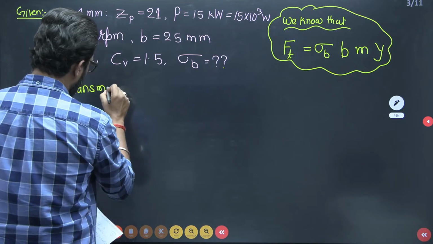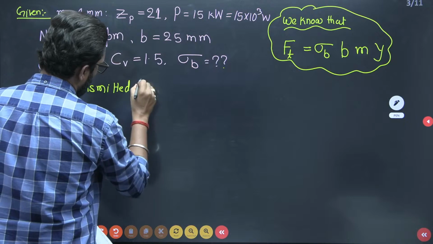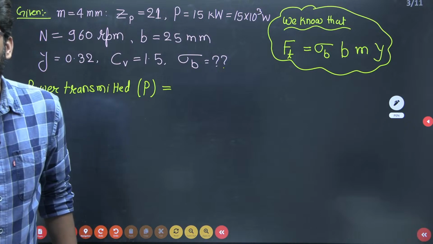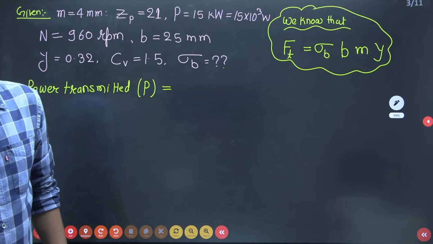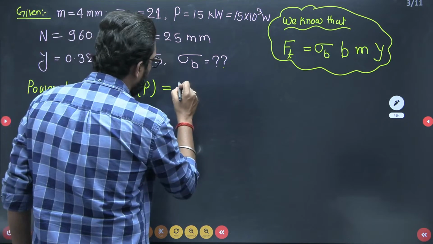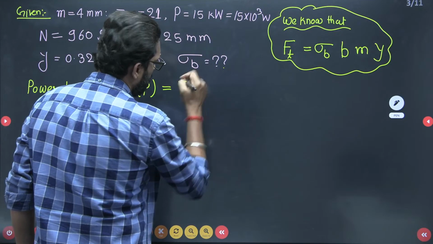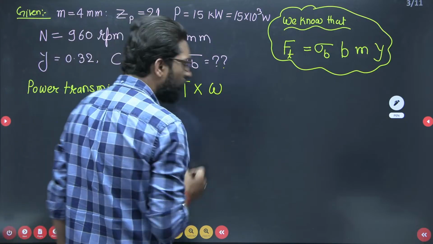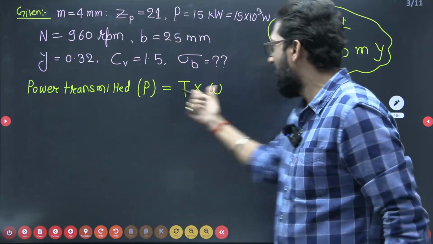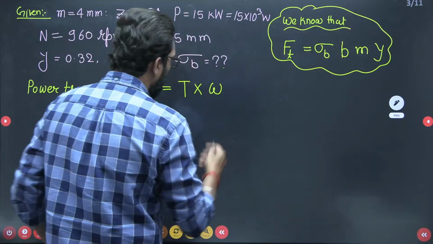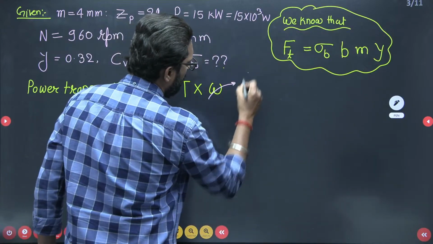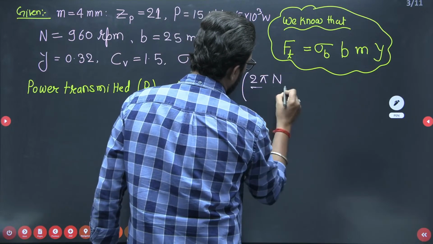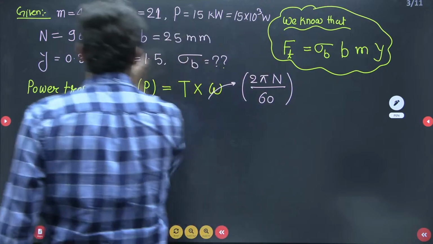Power transmitted, that means P, is torque into angular velocity omega. We know that. What is the angular velocity? 2 pi n upon 60. Why 60? Because n is in RPM. Clear?